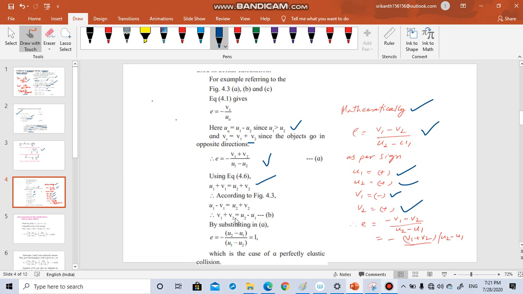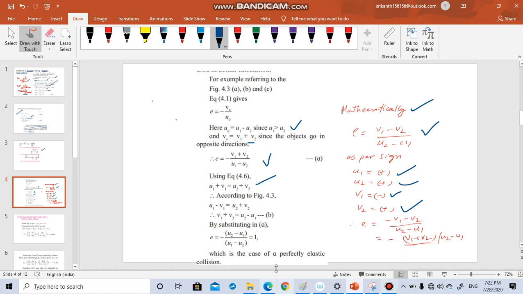So just find out the value of v1 plus v2. What is the value? It is u2 minus u1. How? You take v1 to this side, it becomes v1 plus v2 on the RHS, and u2 to the left hand side, it becomes u1 minus u2.